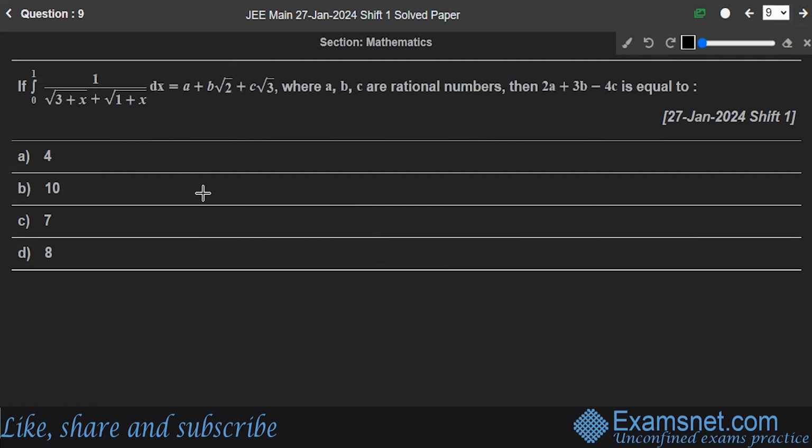Next is question number 9. If the integral of limit 0 to 1, 1 upon this is equal to this, where A, B, and C are rational numbers, then you have to find out the value of the expression 2A plus 3B minus 4C. Let's write down the integral 0 to 1, 1 upon root 3 plus x, this dx.